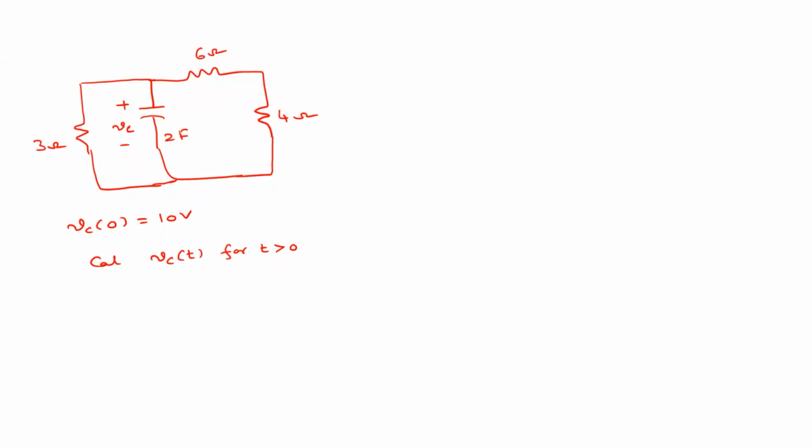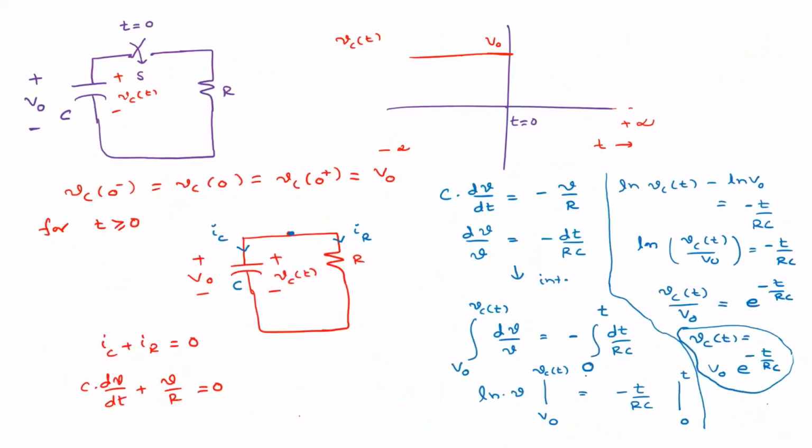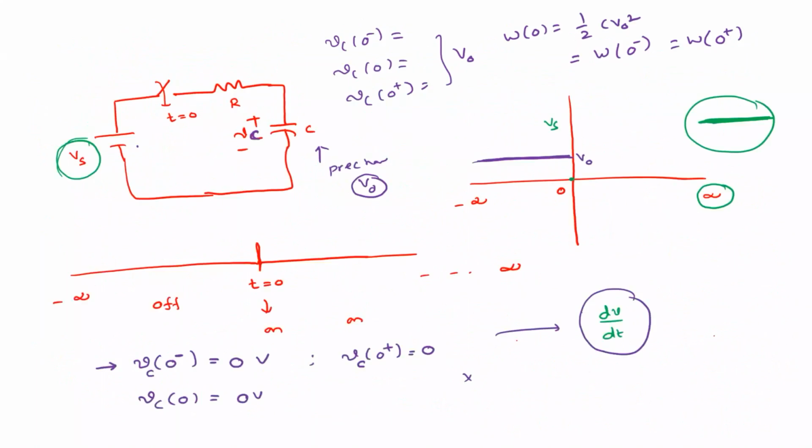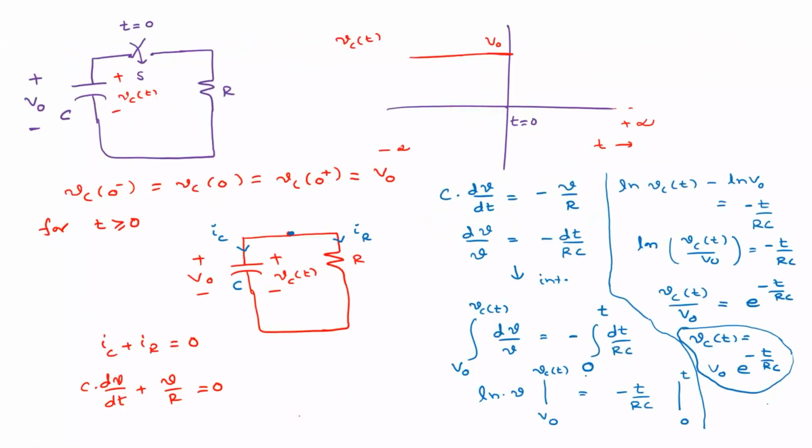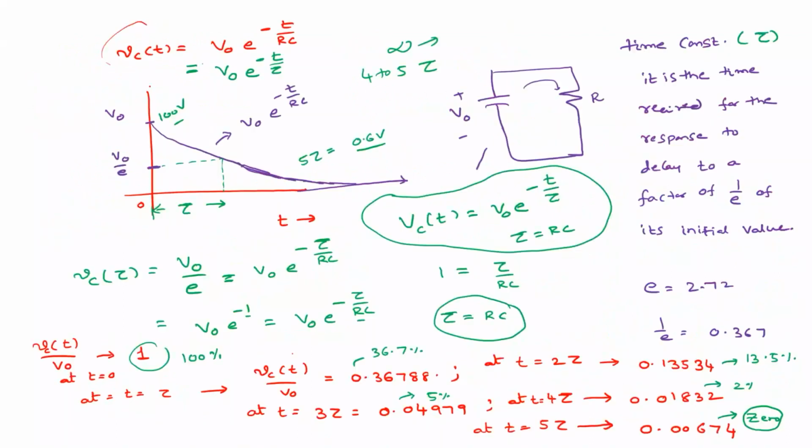The general method is, if you are not aware of this formula, then we need to apply KVL or KCL, and from that obtain the differential equations, and from that you can solve this.